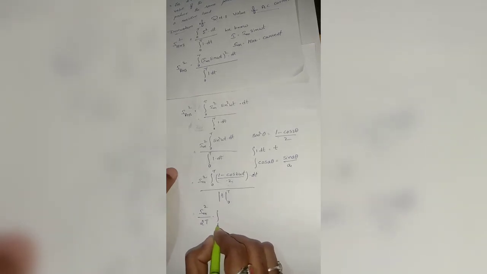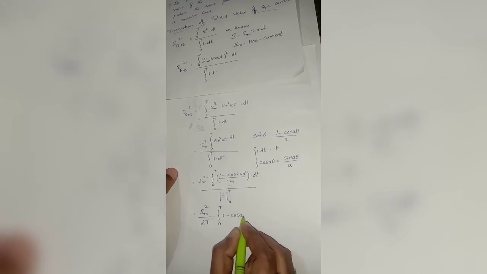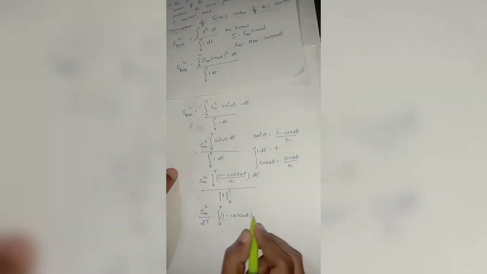Integral of 0 to T of (1 minus cos 2 omega t) dt.